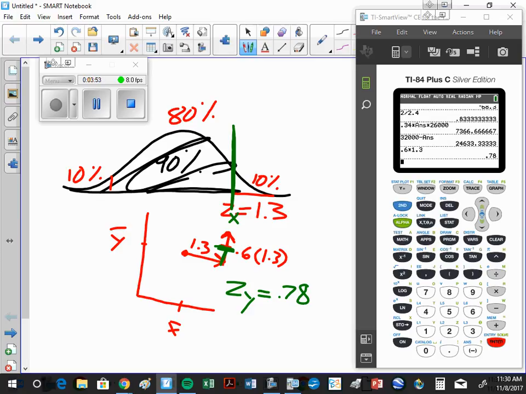So this student right here is in the 90th percentile for SAT score. And they had a z-score of x, which is 1.3. Their z-score for y is 0.78, which is going to be right here, 0.78. So we look 0.78 up in A104. And is it 79%?